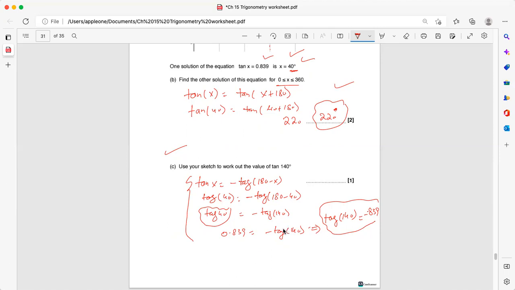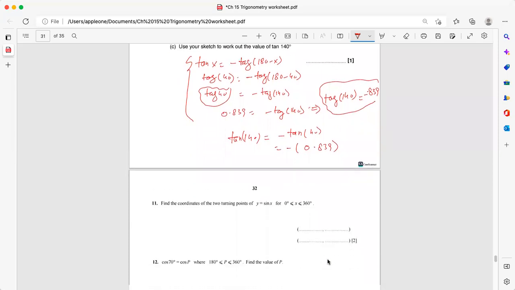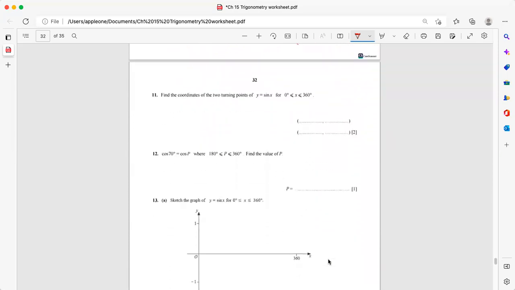Now you basically need tan 140, so minus goes to the other side, minus tan 40. So minus the result of tan 40 is 0.839. I hope it's clear to all now. If there's still some doubt, you can write in the comment section. I will try to address that.